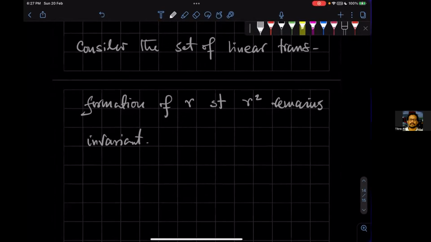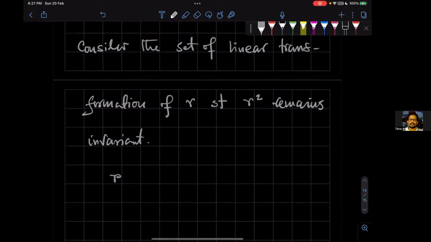That means R will get transformed into some new column vector. Let's call it R prime. And it's a linear transformation, so there will be some linear operator, say O, acting on R, right?